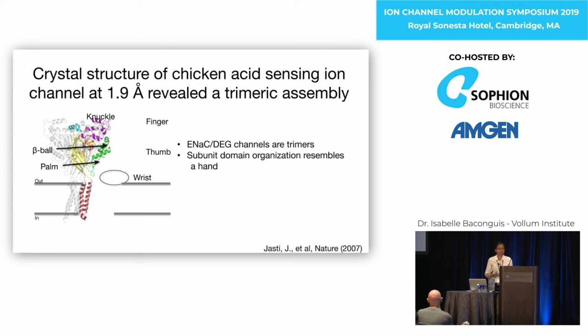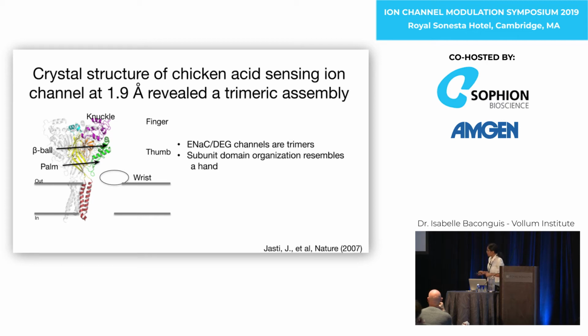I'm trying to emphasize this because even now there are still groups that actually still believe that ENaC is a tetramer. But what the ASIC structures and many other subsequent structures after that still show is that these ion channels are trimers.